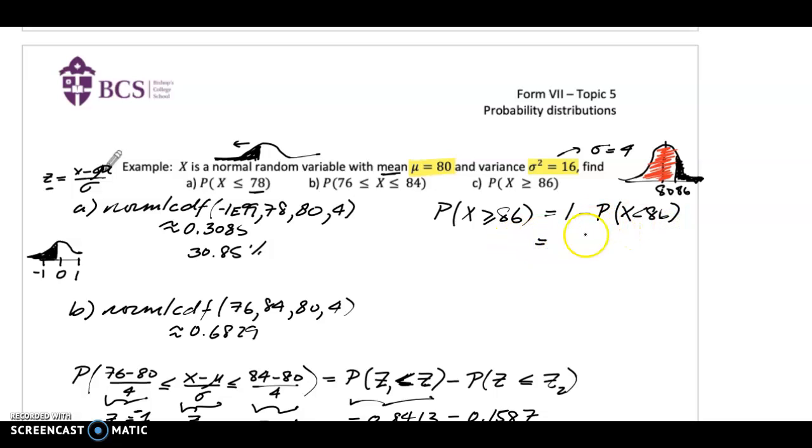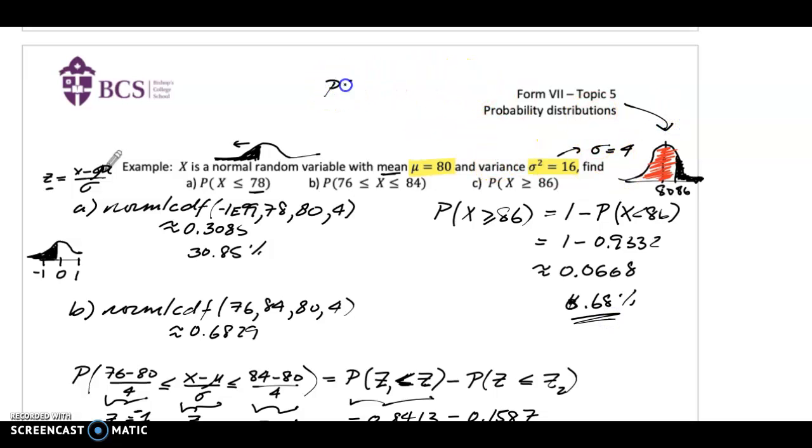This will then be 1 minus 0.9332. That then is approximately 0.0668. So it's a 6.68% chance.